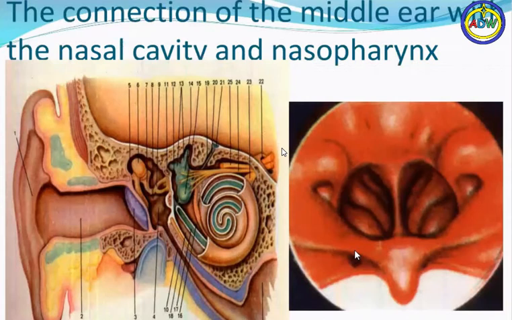During swallowing, yawning, opening of our mouth, the muscles of the eustachian tube contract, for example, those which attach to the soft palate, levator veli palatini, tensor veli palatini, and the tensor tympani muscle is also among the eustachian tube muscles. In this case, the eustachian tube opens and closes.